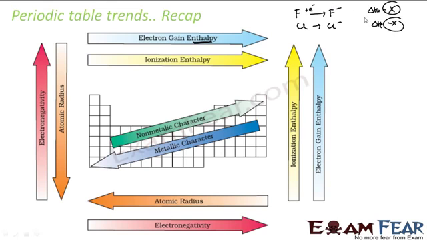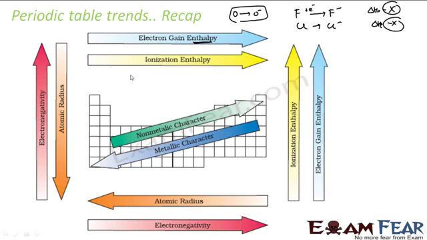In most cases it releases energy, and that's called electron gain enthalpy. Fluorine has the maximum value because fluorine wants to be stable. Chlorine also has a good value. But if you talk about oxygen to O minus, I doubt it will have a good value. Anyway, this value increases if you go from left to right. Also, if you go from bottom to top, this value increases.